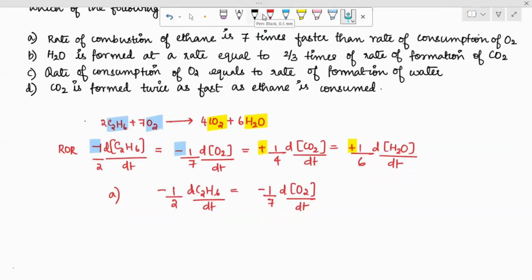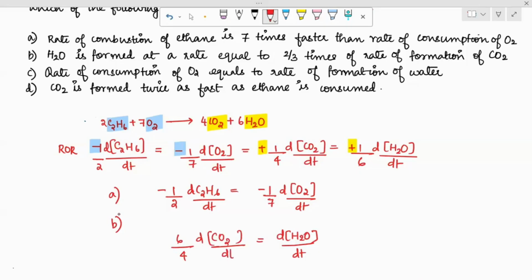Option B. Option B is relating water and carbon dioxide. It says that water is formed. So how is water formed? Water formation is dH2O by dt. And how is it related to carbon dioxide? You can take 6 to the other side and it becomes 6 by 4 dCO2 by dt.